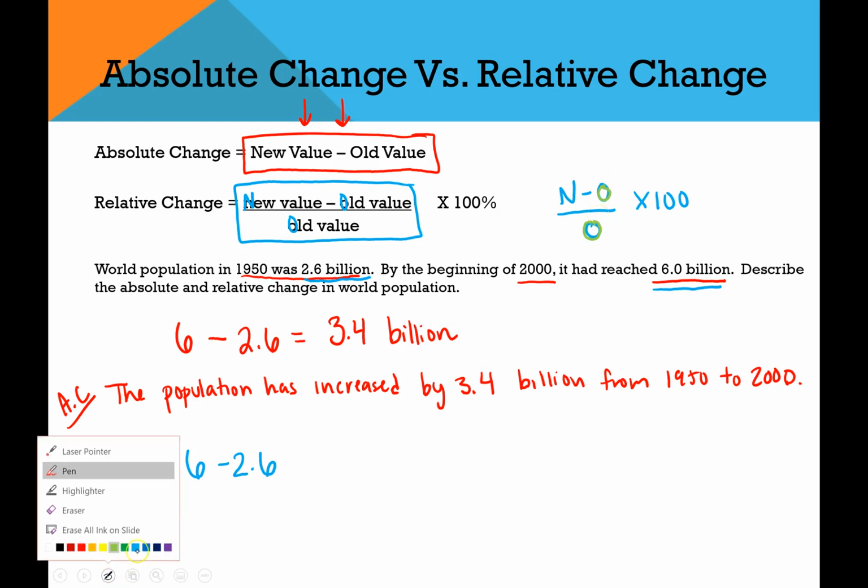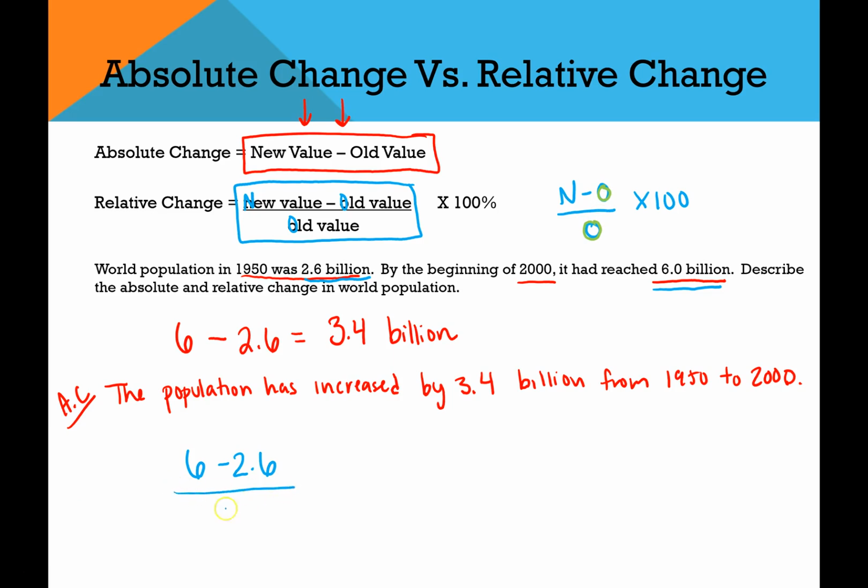And so what we'll have here is divide by 2.6. Now I like to get that answer first, and then I'm going to go ahead and multiply by 100. So 6 minus 2.6 we already know is 3.4, divided by 2.6.